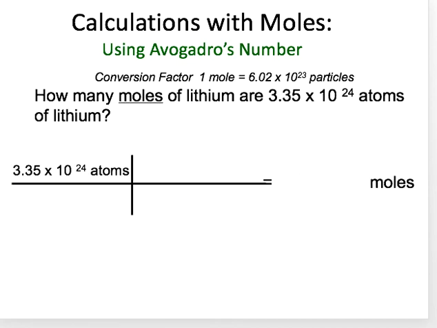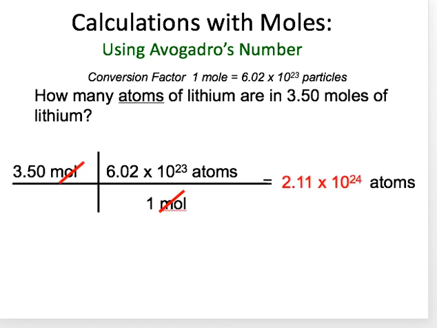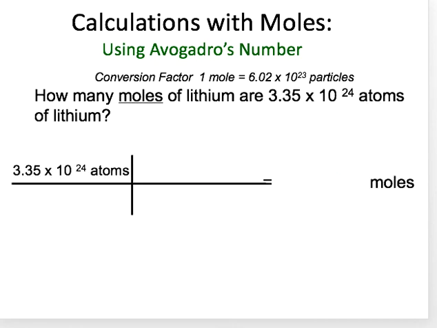Let's do the next one. This time we're going to go the other way. It says how many moles of lithium are in 3.35 times 10 to the 24th atoms of lithium. This time our given unit is atoms, and we're trying to get to moles. You might notice that this way we're multiplying, so what do you think we're going to do this way? You're right, we're going to divide. This is where putting it correctly in your calculator is really important.